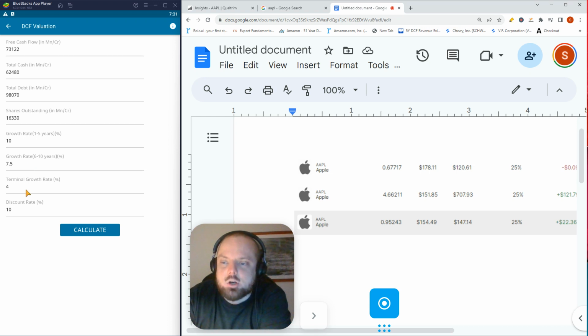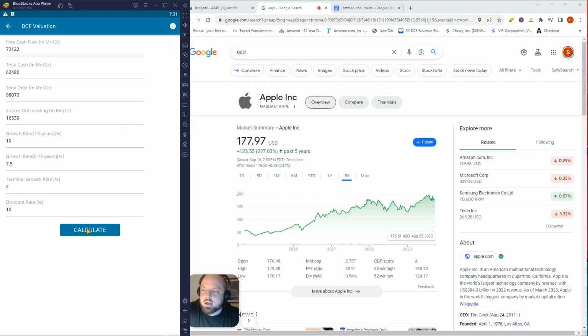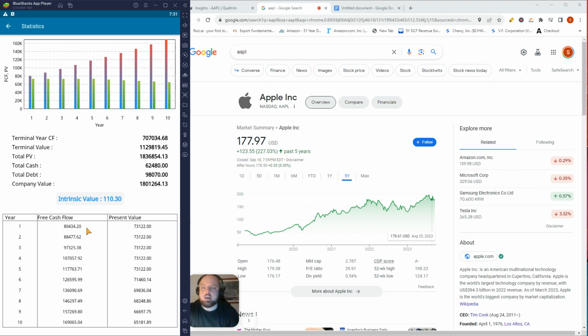And then a terminal growth rate of 4%. Usually this should be with inflation, but Apple can raise their prices and people are still going to buy it. They also sell software as a service. People are hooked on Apple and they can charge whatever they want. So I gave them a little benefit of the doubt. Price of the stock 178. Estimated value of the stock 110.